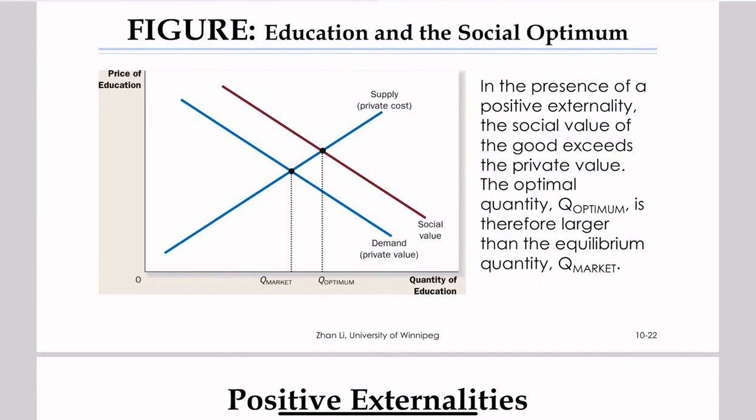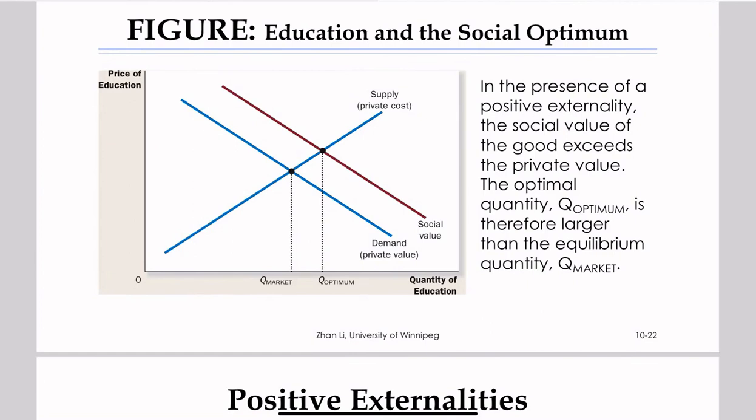So we have two different supply curves. And in this case, we have two different demand curves. The first demand curve represents private value. The second demand curve, which is on the right, gives you the social value.